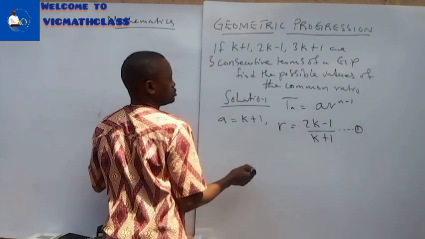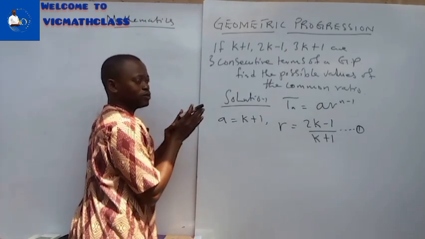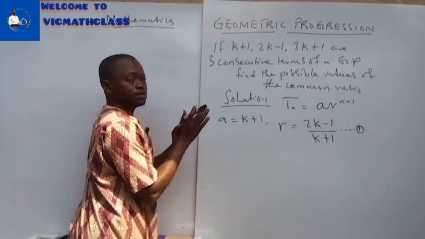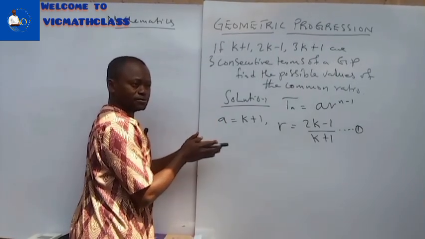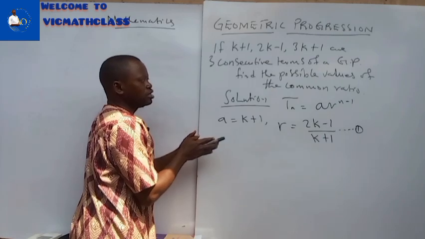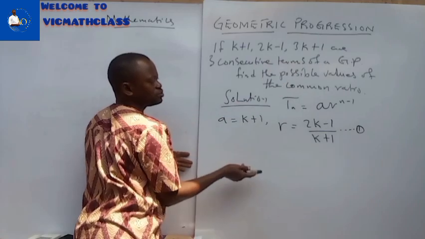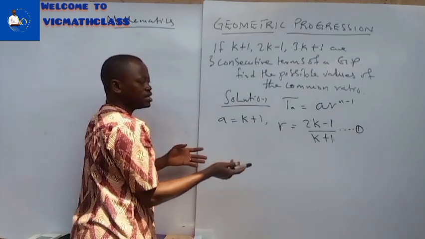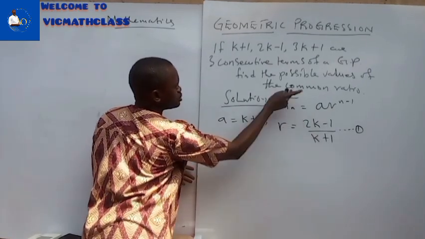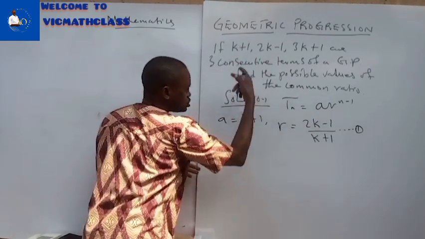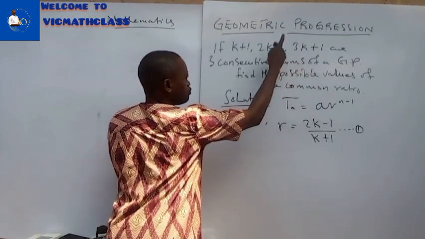Let me not be too fast. I keep on telling my students that in any mathematical problem, what you try to do is look for an access point to that problem. If you look at this question, you realize that the first term and common ratio are not even known, but there can be an access point, because if I have this as my equation 1, this over this, which is consistent, you can also have it from this over this.